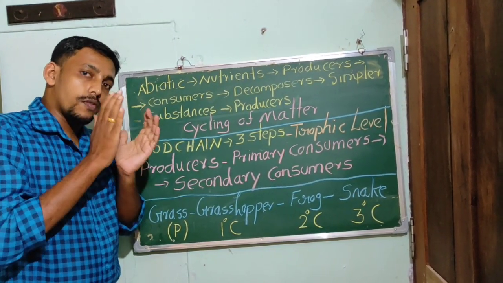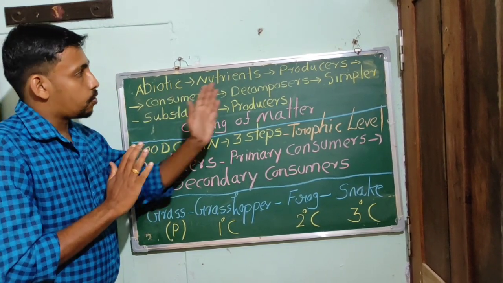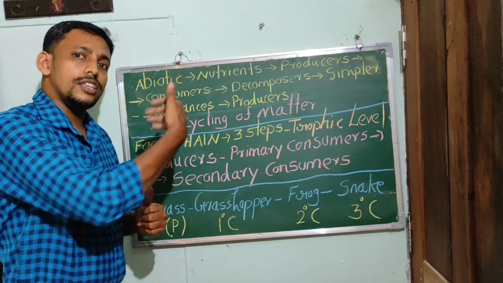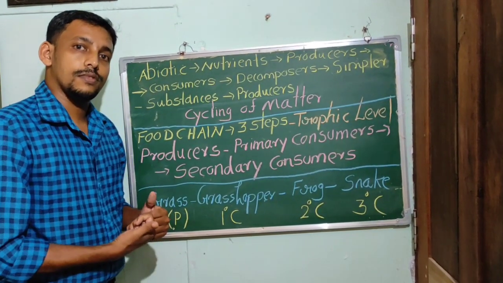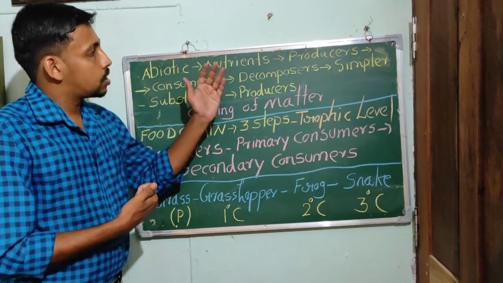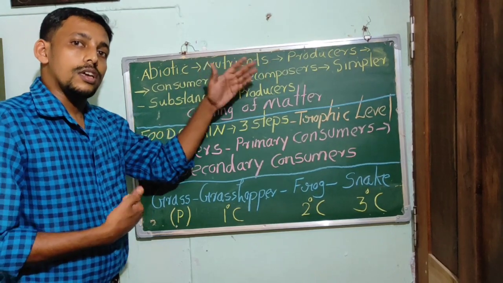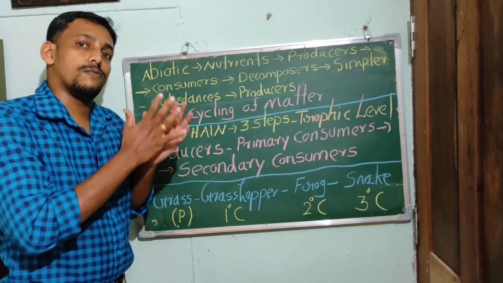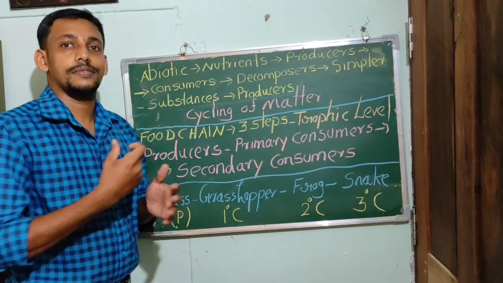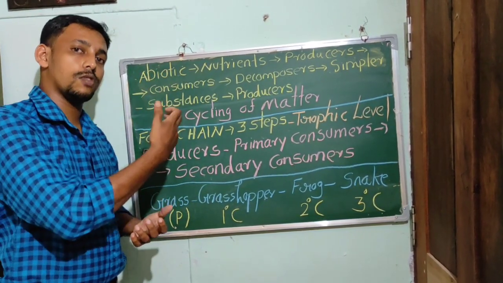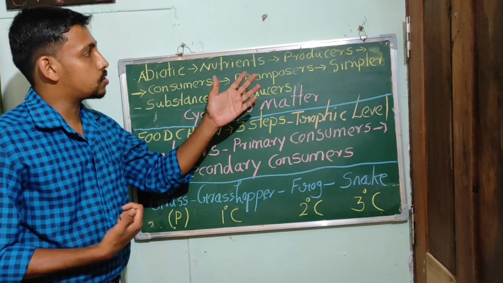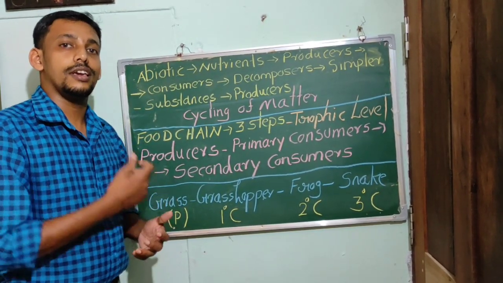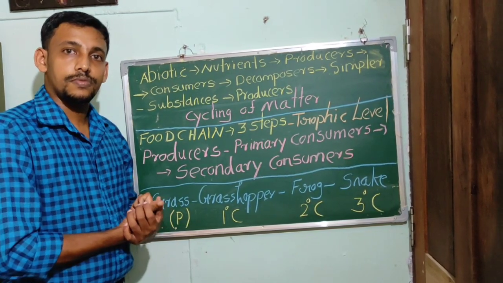The transfer of energy from the producers through a series of organisms can be seen in the ecosystem.